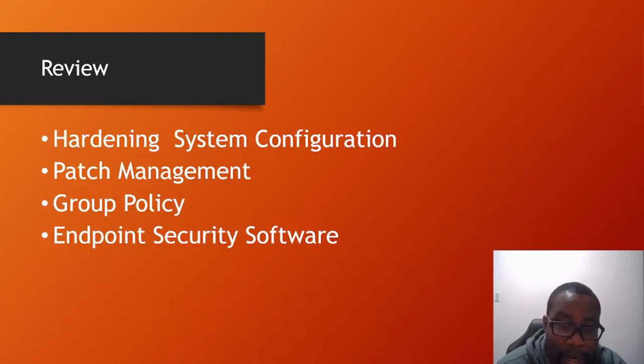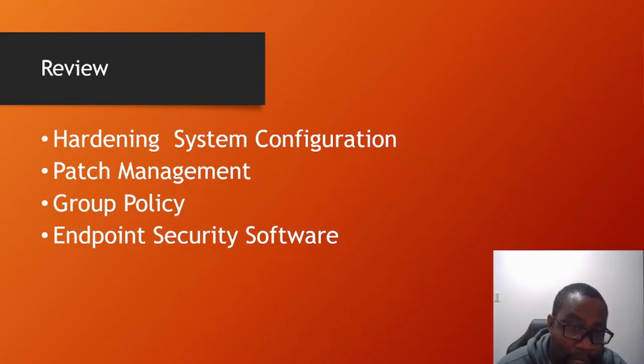And we are at the end of endpoint security. So basically, we reviewed hardening system configuration, patch management, group policy, and endpoint security software. So pretty much you're hardening your system, making sure that you're turning off services and ports that you don't need. Your patch management, you're making sure that all your computers, your endpoints, whether that's your computers, your mobile phones and stuff, are patched with the proper updates and drivers, etc., so everything is not out of date.